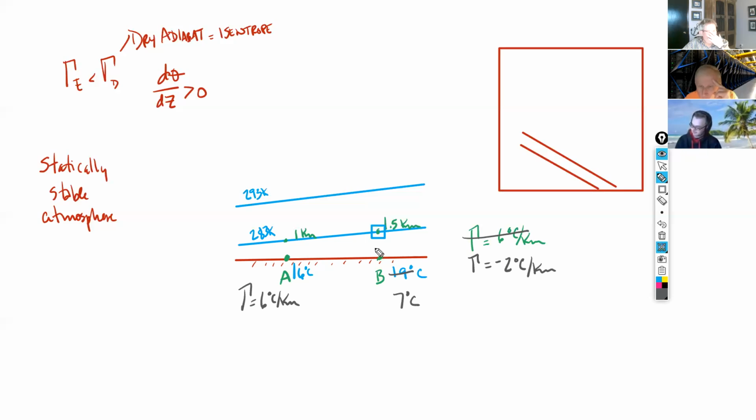Would you be looking at a QT in order to figure this out, or something on a larger scale? You'd have to be looking at soundings, but you're looking at an isentropic coordinate system. So let's try this scenario.